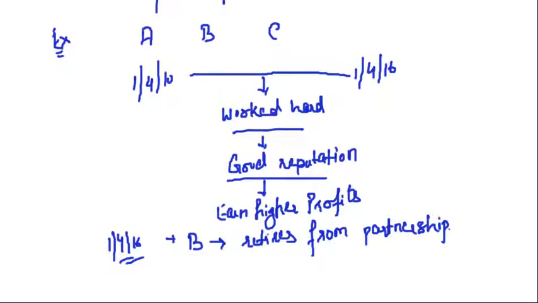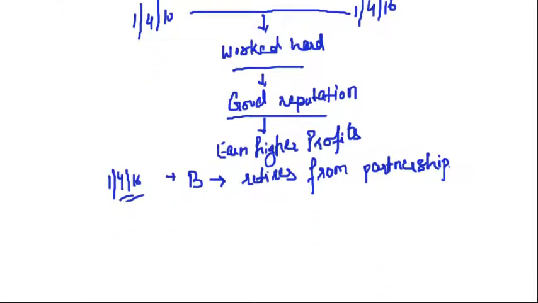But in future, this increase in profits is going to be enjoyed by only A and C. The hard work was done by B also, but its fruit will be enjoyed by A and C in future.